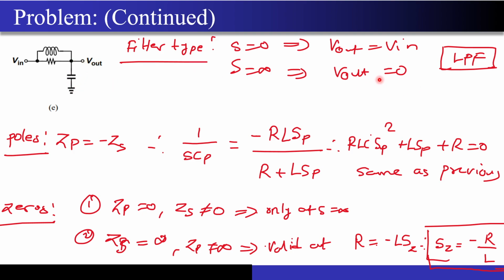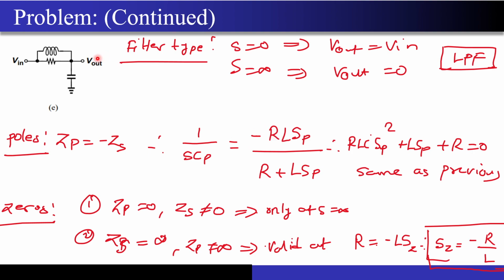So this is nothing but your low pass filter. Now if I try to find the value of the poles, what do I have to do? Again the ZP combination, the impedance has to be equated to the negative of the impedance of the series combination. So what is the impedance of this particular series combination? That is these parallel paths over here. Again you can see it is nothing but Z1 Z2 upon Z1 plus Z2.